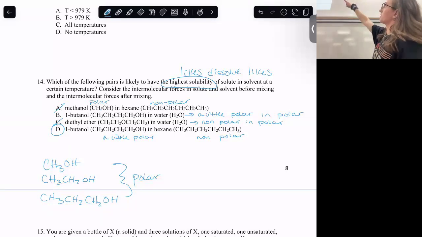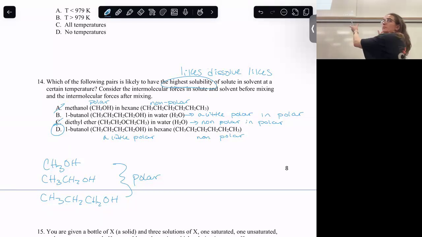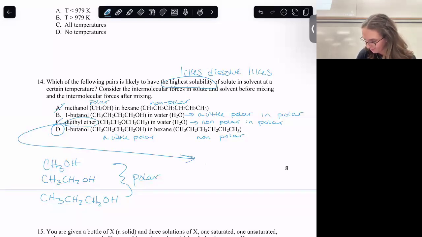So with the diethyl ether, we have 4 carbons total and an oxygen, and it looks like this. It is a symmetrical molecule, contributing to its non-polarness. It's still bent, so it has a little bit of polarity, but it doesn't hydrogen bond.